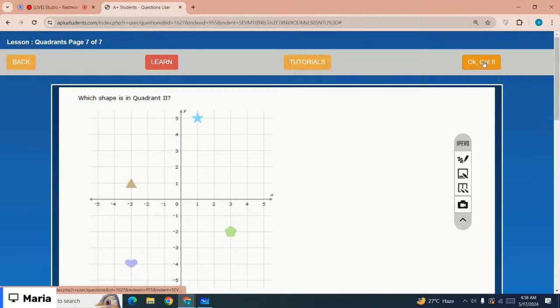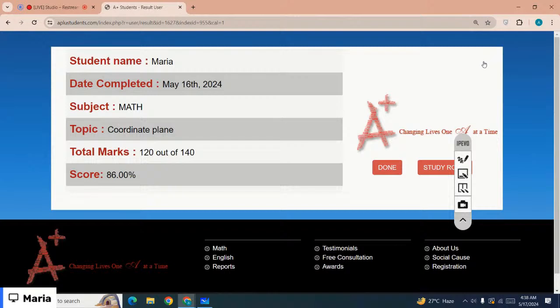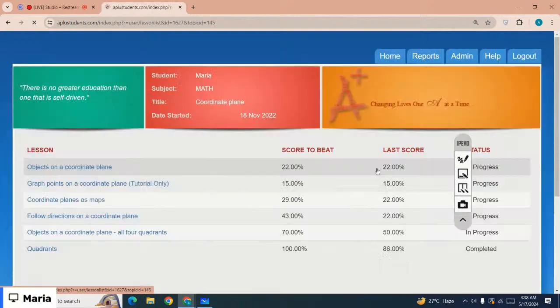Okay, we are done with the lesson. Also, we are done with the chapter. So, we were working on grade 5 math. The chapter we are working on is coordinate plane.